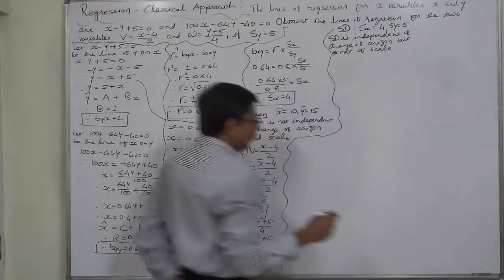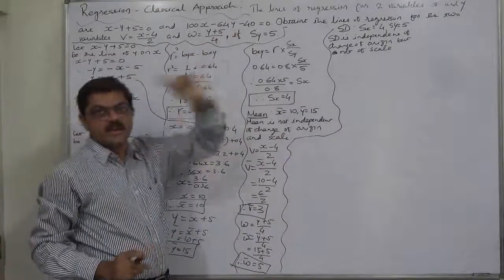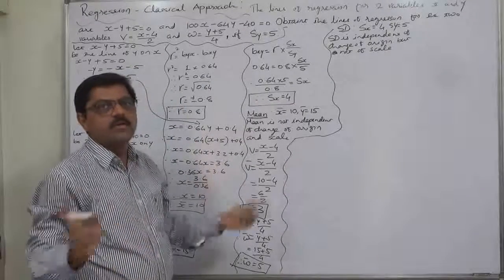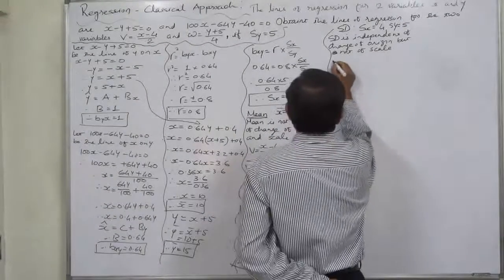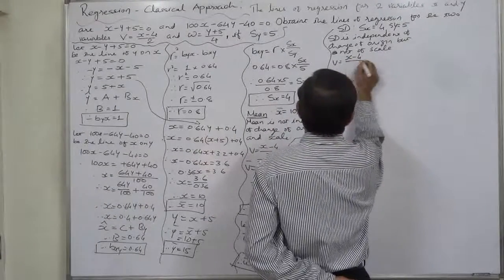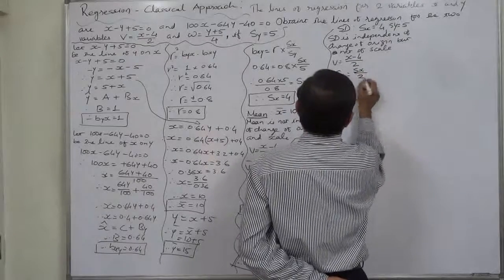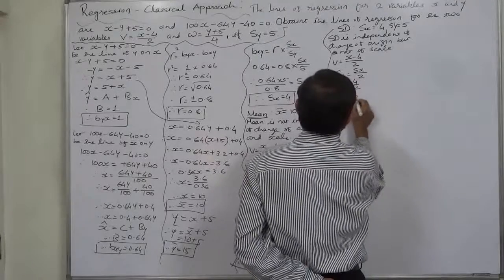So we should ignore subtraction or addition at the time of finding the standard deviation of V and W, but we cannot ignore the multiplication or division. V equals x minus 4 upon 2, but SV will be Sx upon 2, that is 4 by 2, therefore SV comes to 2.